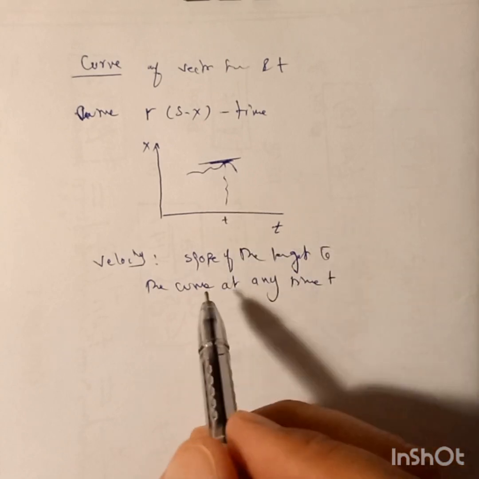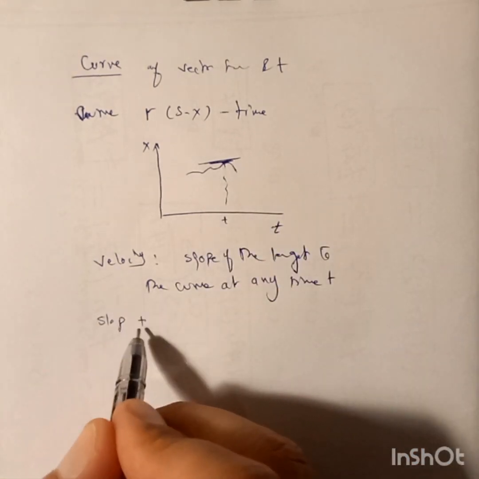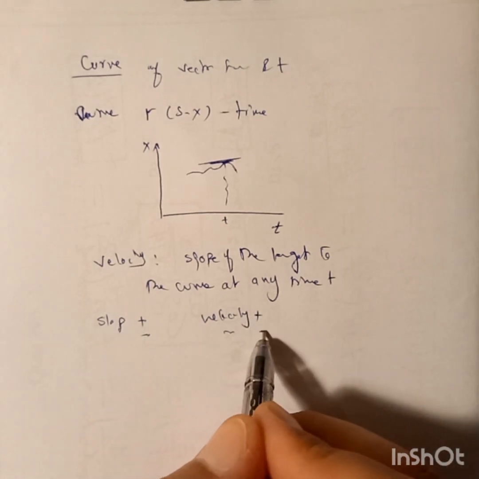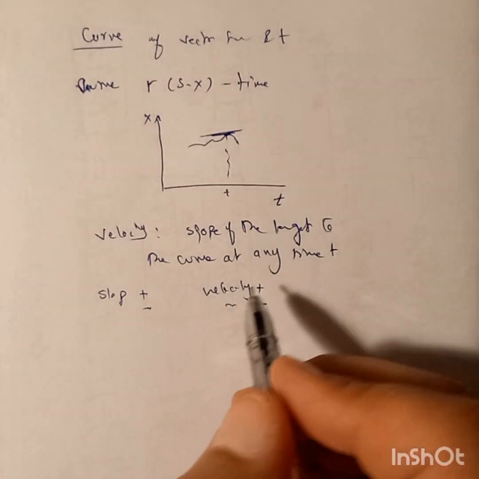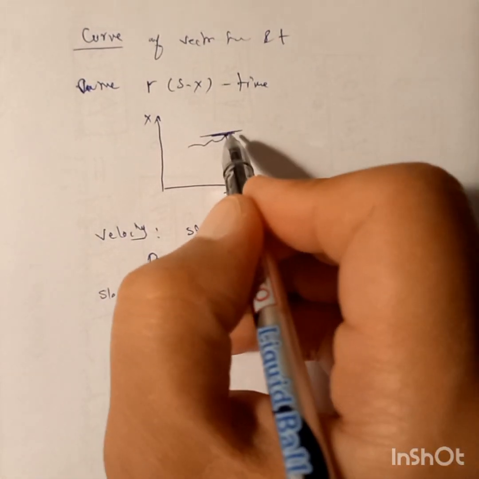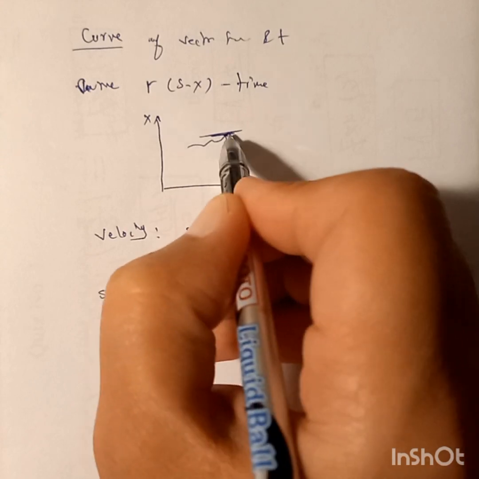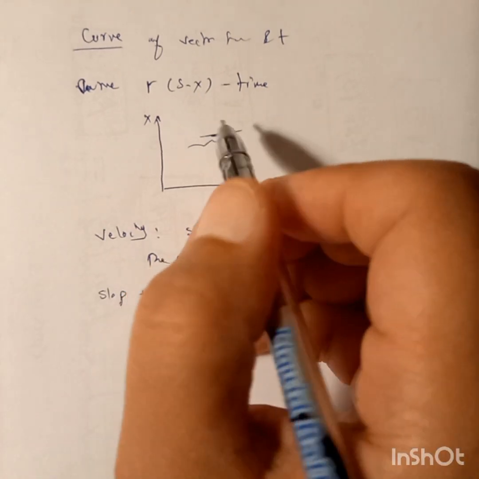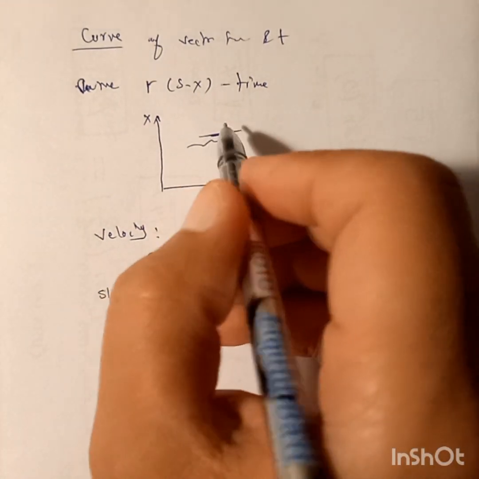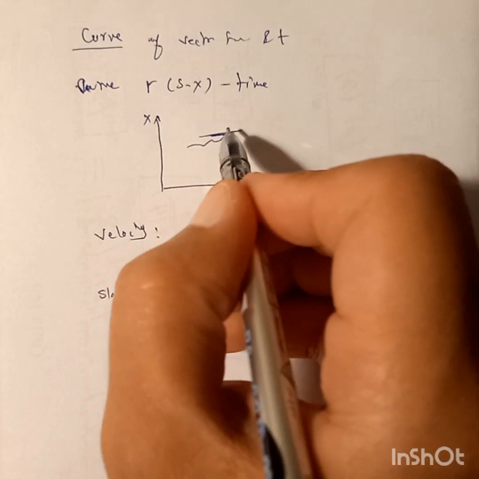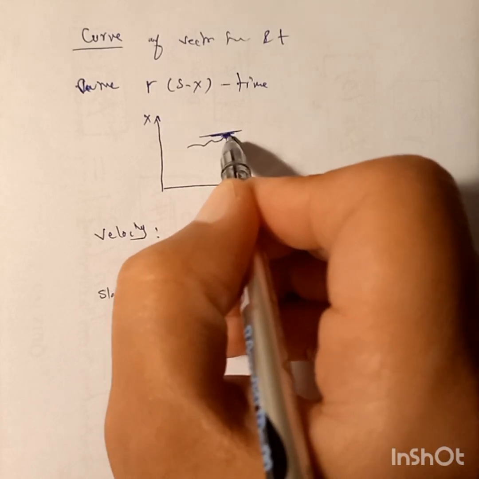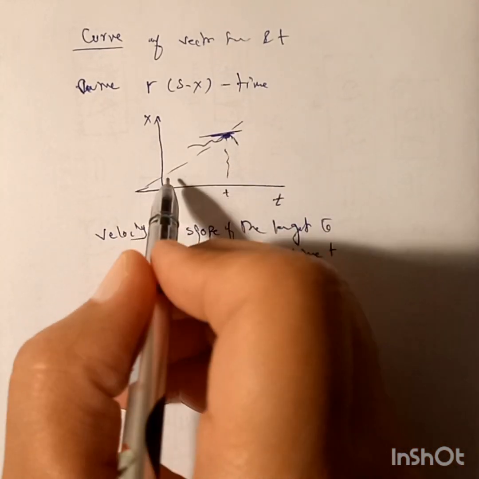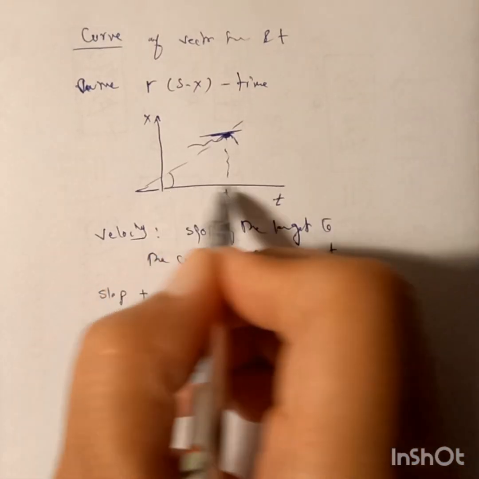If the slope is positive, then velocity is positive, and of course if the slope is negative, then velocity is negative. As we know, the slope of the tangent of this curve at any point represents the tangent of the angle made by this tangent to the curve with the positive direction of the t axis or x axis.